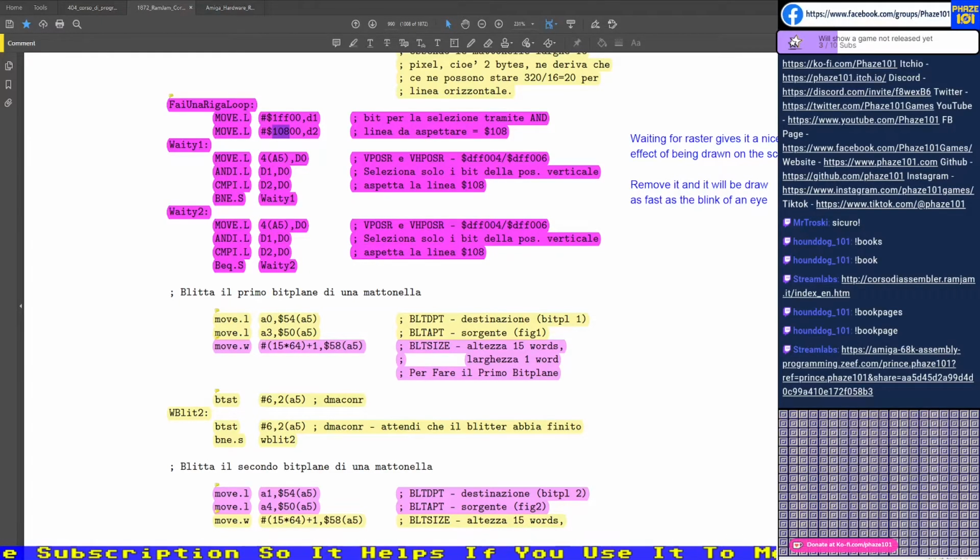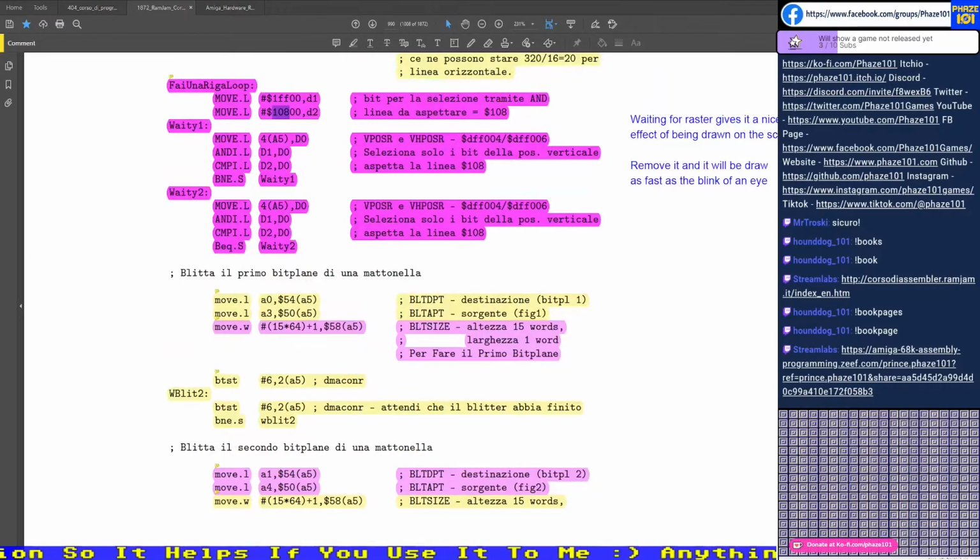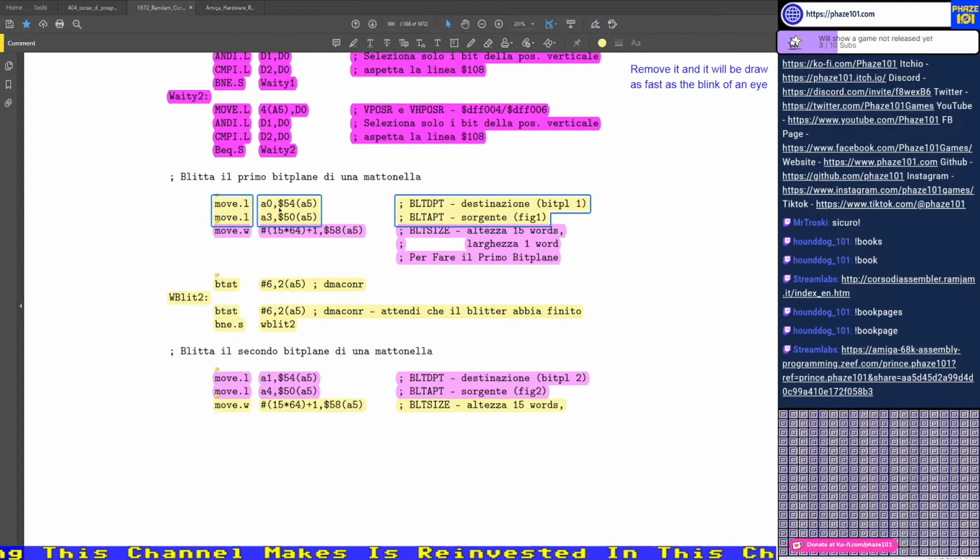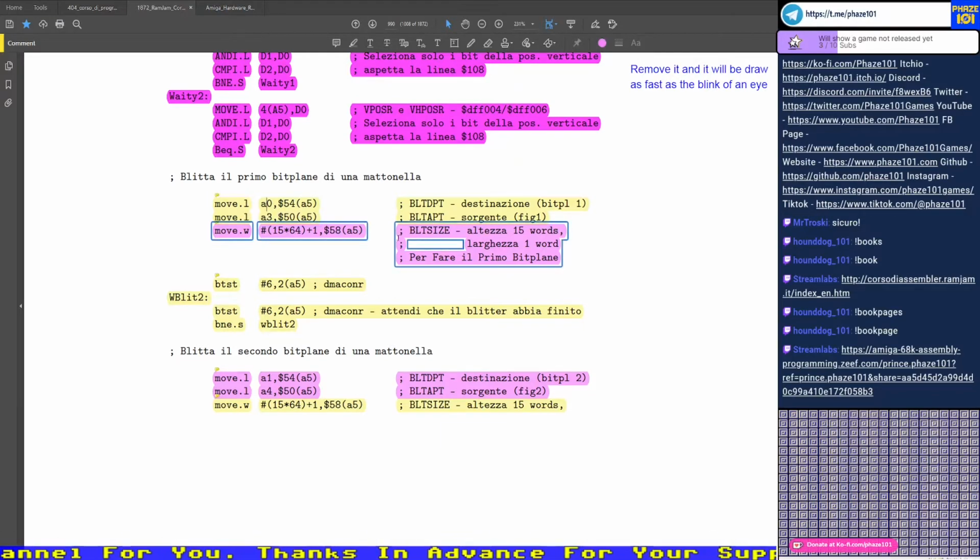So once we wait for raster line 264, and this is how he introduced the loop so that you can see it being drawn on the screen, okay, we start setting the blitter. So we set the source and destination pointers, which we know are in A0 and A3, okay, and we do our blit size, which is the height is 15 and the width is 1 word.